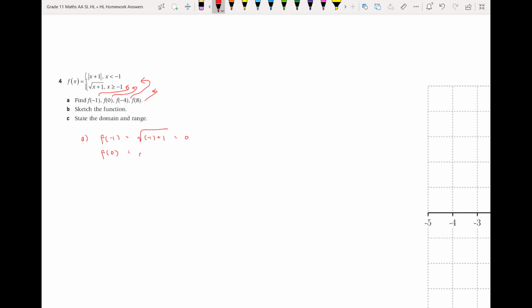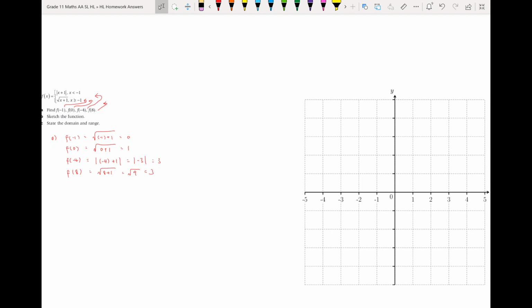Let's do f of 0 first. This will be 0 plus 1, which is 1. Then f of negative 4. Now, if I actually plug in the second piece, I will get a negative square root. So I know I did something wrong anyway. So this will give us the absolute value of minus 3, which is just positive 3. And f of 8, we go back to the second piece, which is 3.